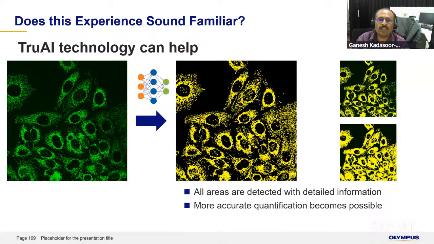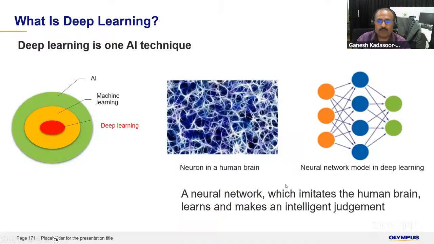Okay, so now the question is, how do I train them? I'll give you an example here. This is our brain. How do we identify a dog as a dog? How do we identify a cat as a cat? Or suppose you are allowed to touch a small candle flame, immediately you withdraw your hand.